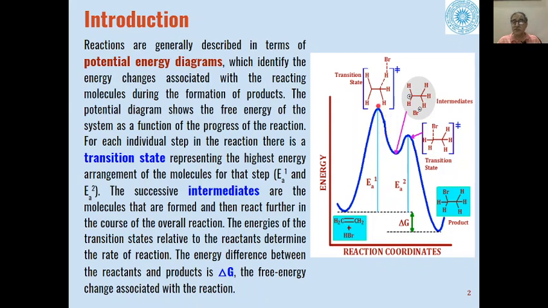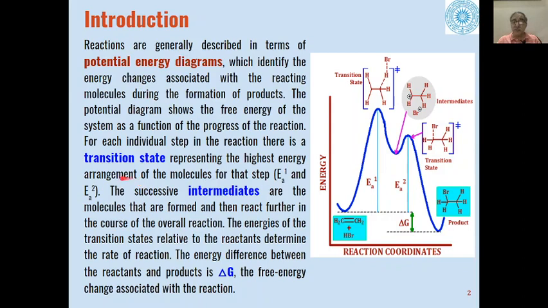So for example, if in this potential energy level diagram there are two steps, this is the first step where this is the highest energy arrangement, and this belongs to one transition state, whereas here this is the second step and this is the highest energy arrangement which belongs to this transition state.